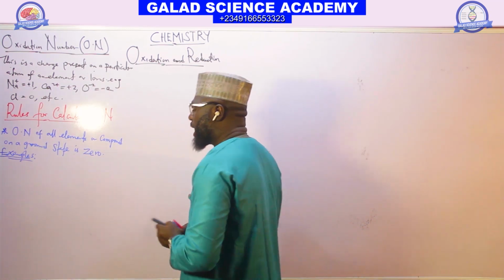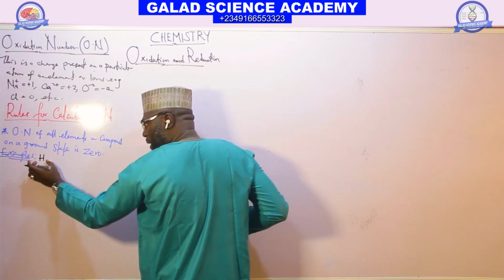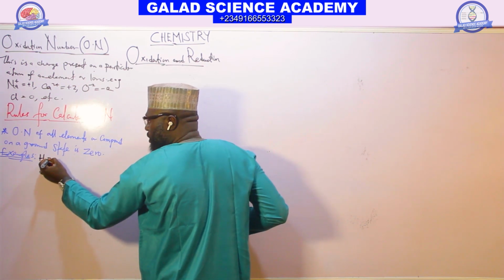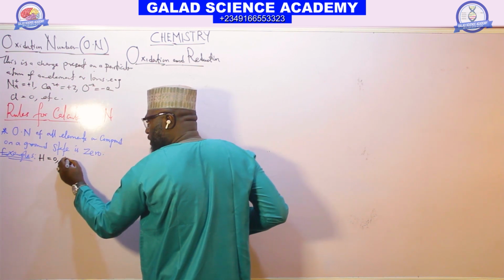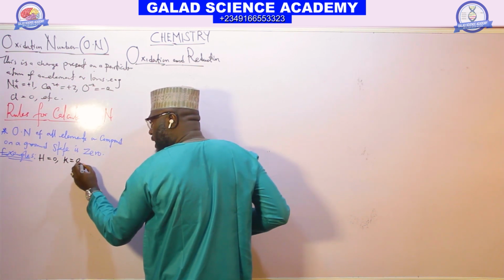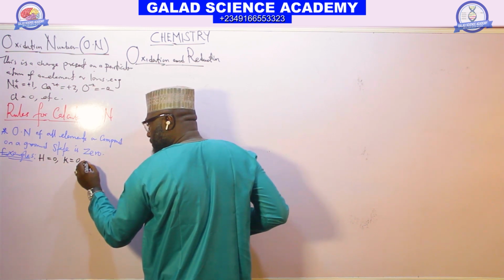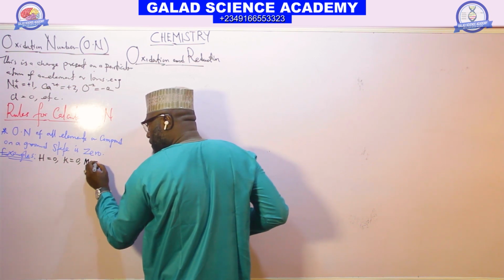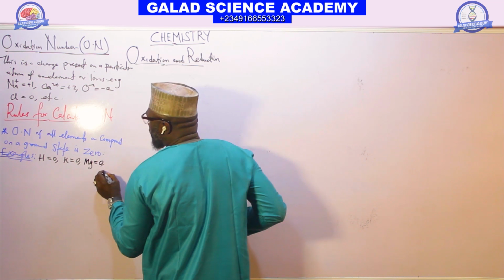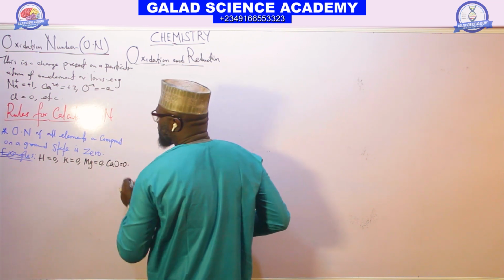If you have hydrogen, it's uncombined, and the oxidation number of hydrogen here is 0. Potassium, 0. Magnesium, 0. Calcium, 0.